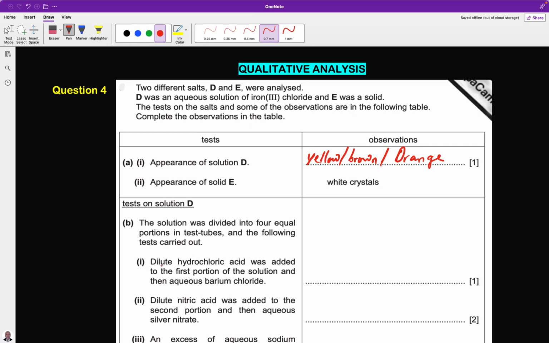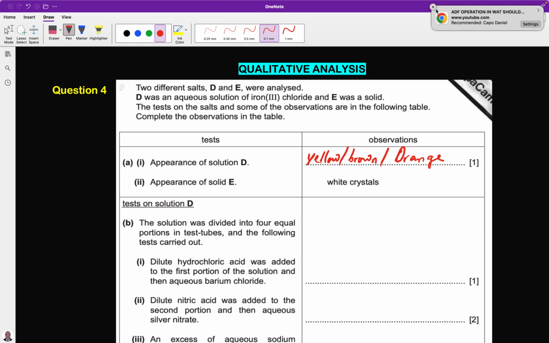1. Dilute hydrochloric acid was added to the first portion of the solution, and then aqueous barium chloride. As I told you, with barium chloride or barium sulfate, there's usually no reaction.